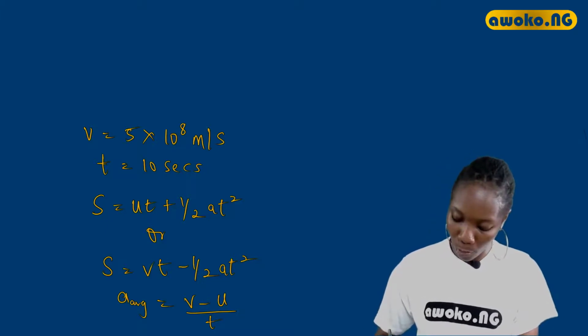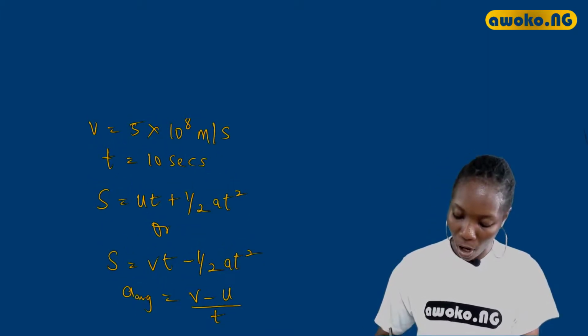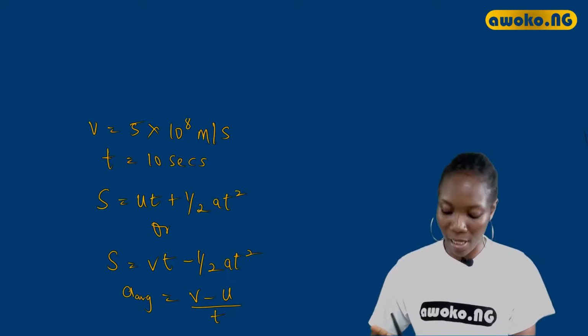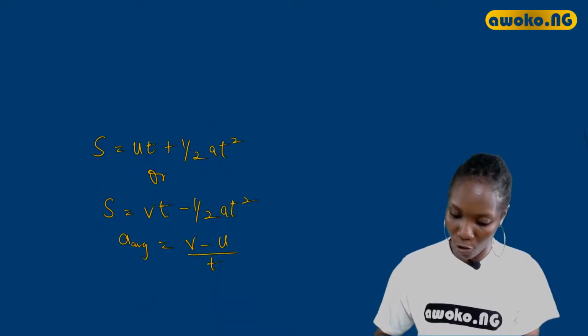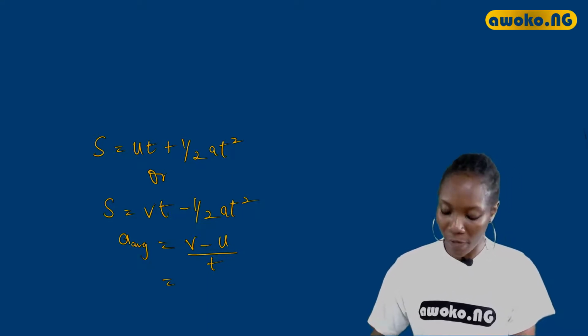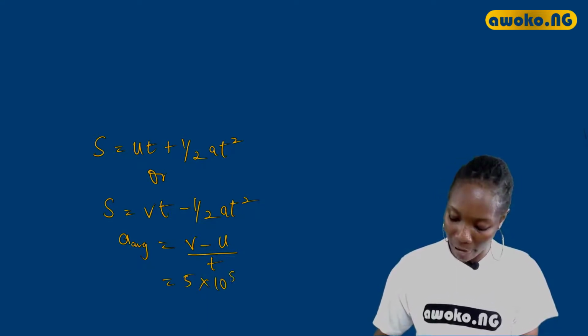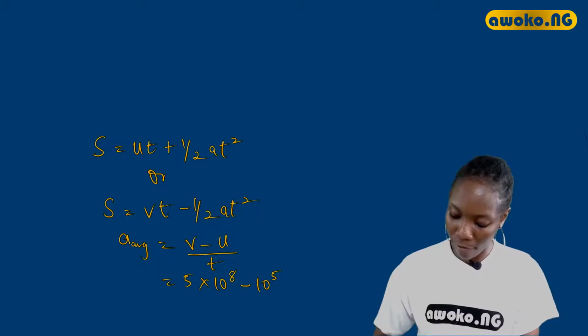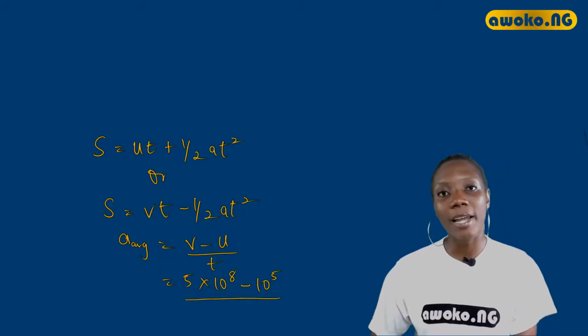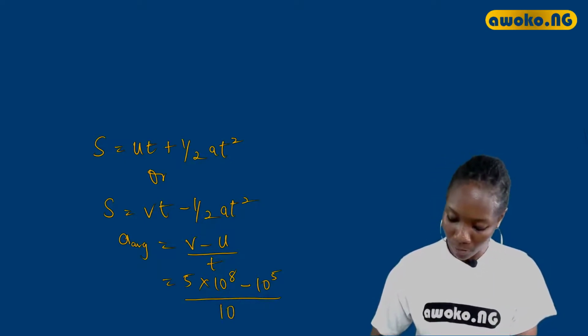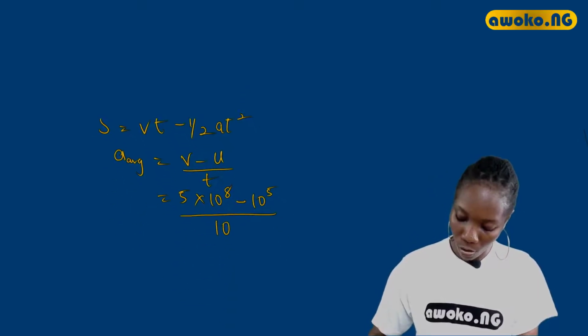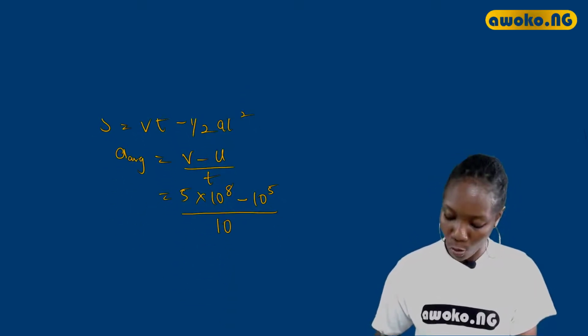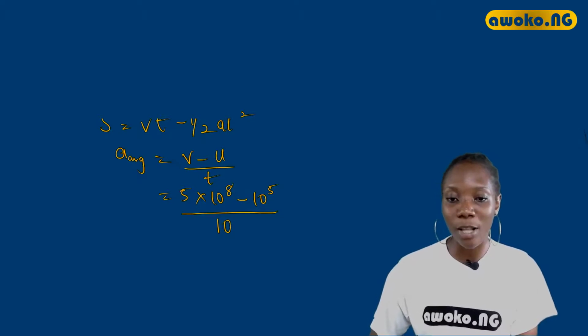We already have our initial velocity and our final velocity, so you just need to put in your values. So v is 5 times 10 raised to the power of 8 minus 10 raised to the power of 5, which is the initial velocity, over the time, which is 10 seconds.